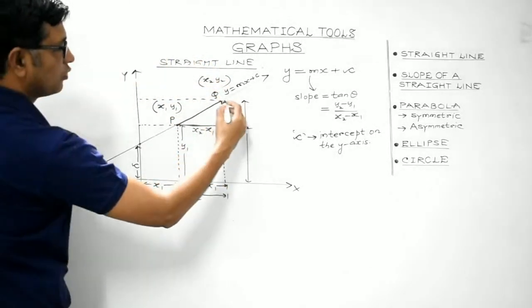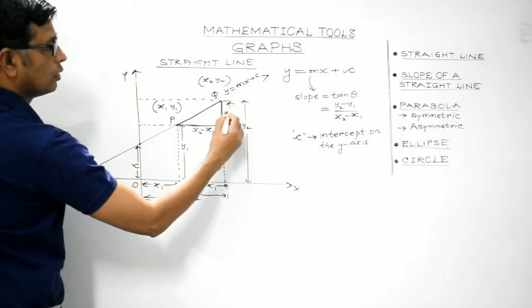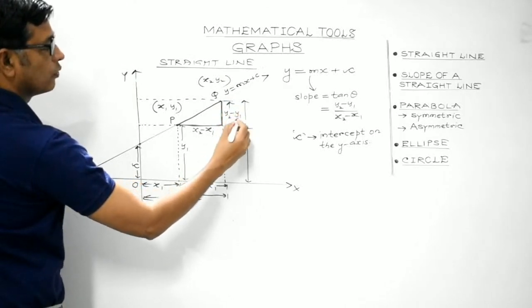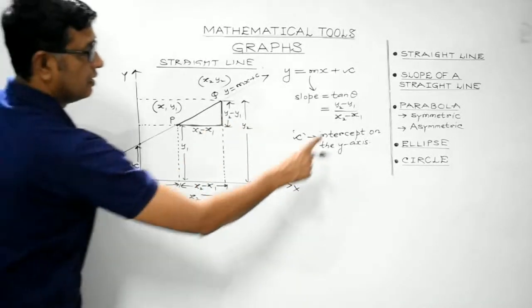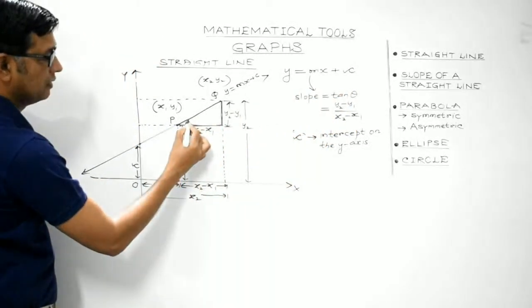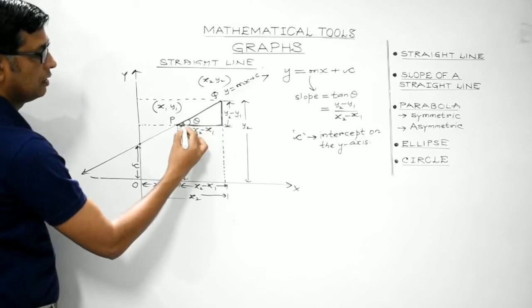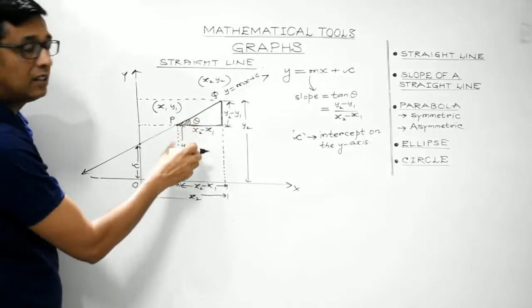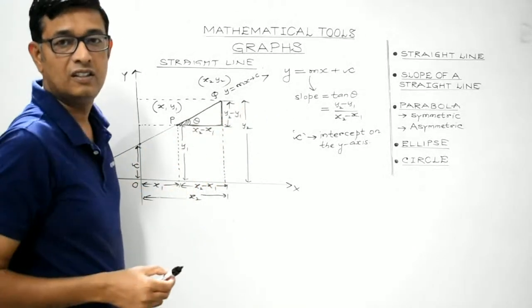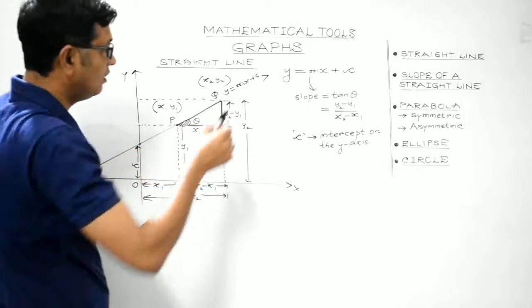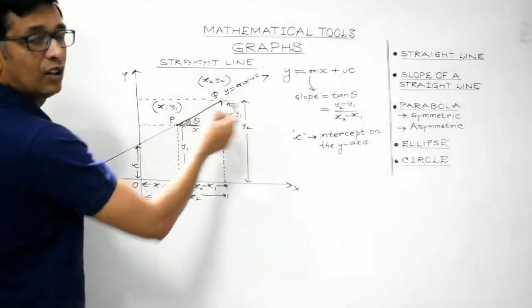So this distance would naturally be y2 minus y1. Fine, students? And theta over here is this angle. Theta is the angle which the straight line makes with the horizontal.